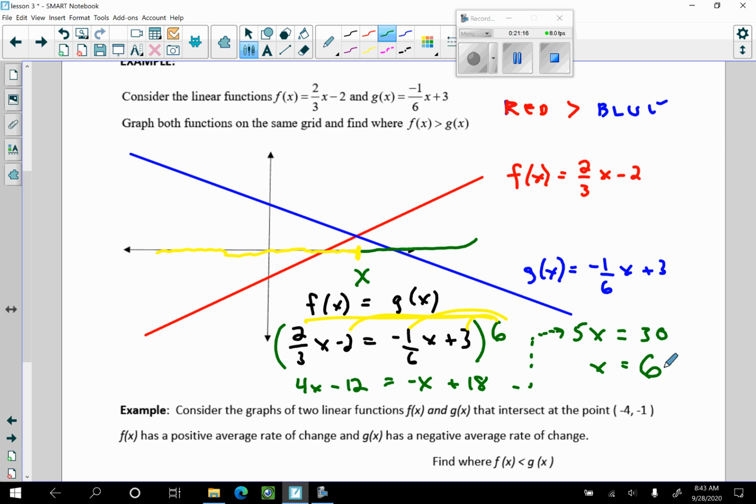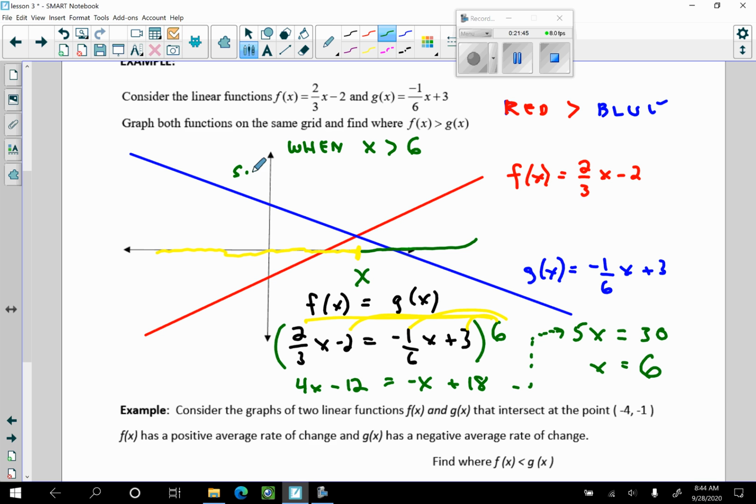Where is f of x greater than g of x? Here's the solution. When x is greater than 6. Why?